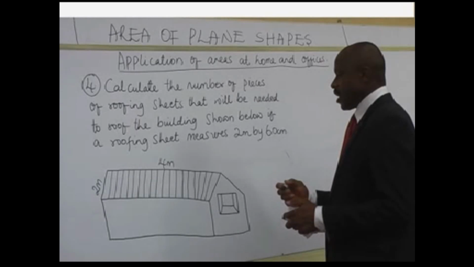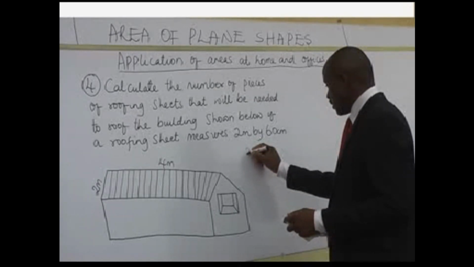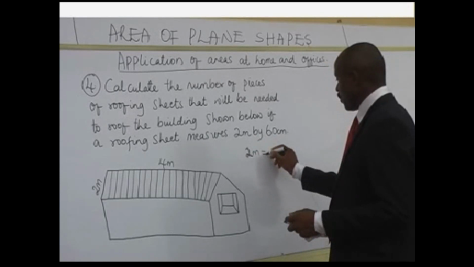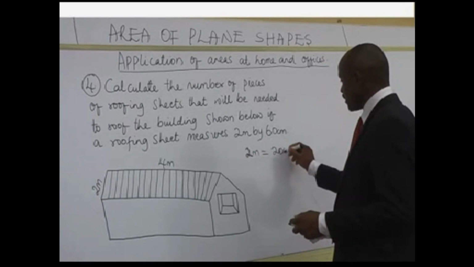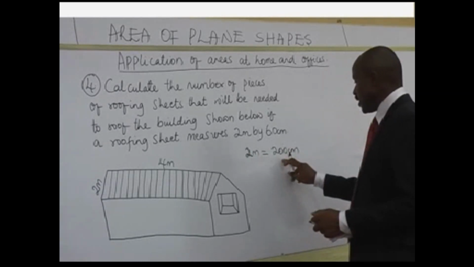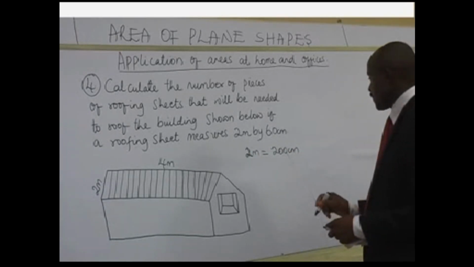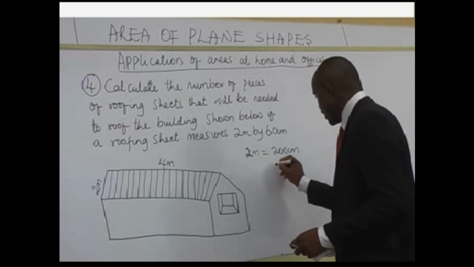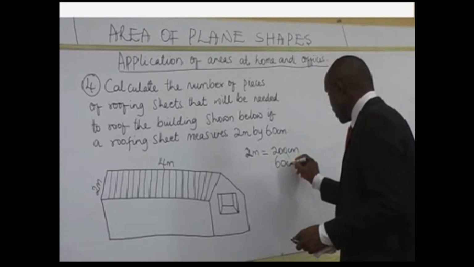The length of the roofing sheet is 2 meters, which is the same thing as 200 centimeters. Just multiply 2 by 100 to give you 200 centimeters. The width is already 60 centimeters.